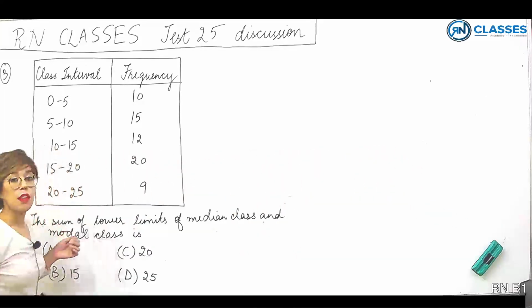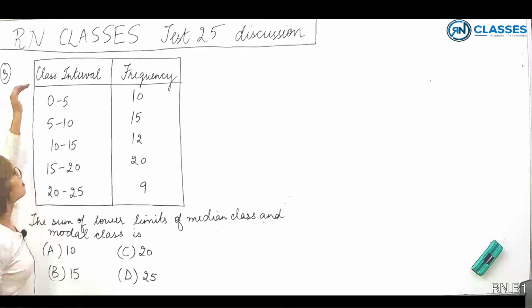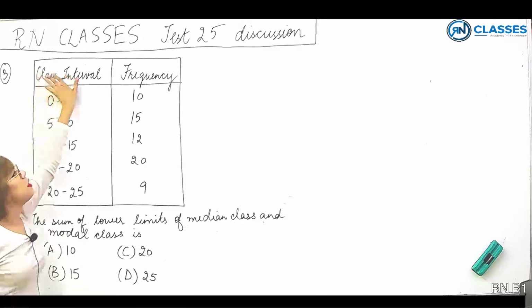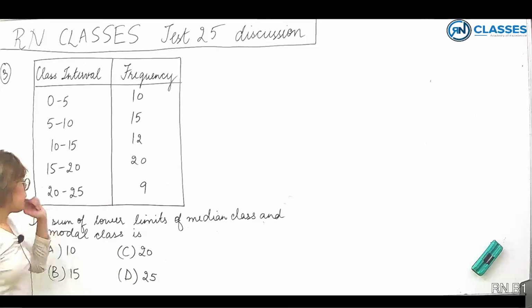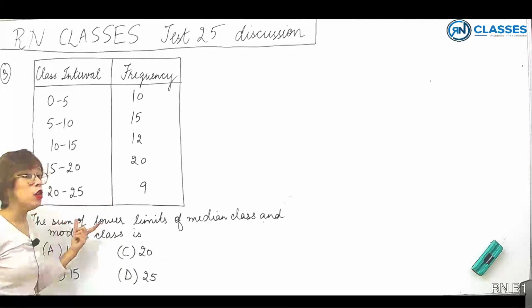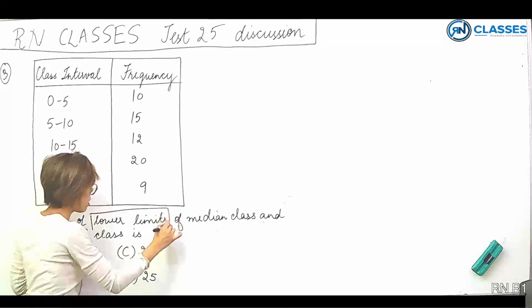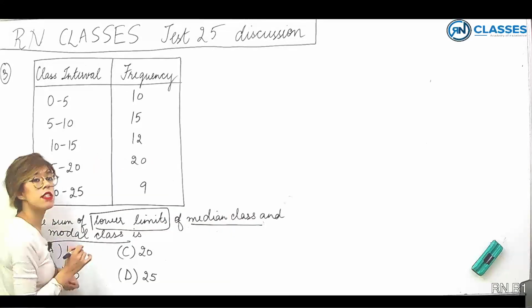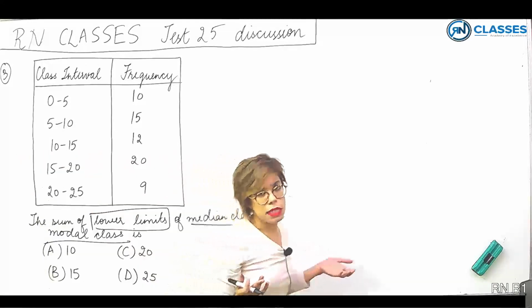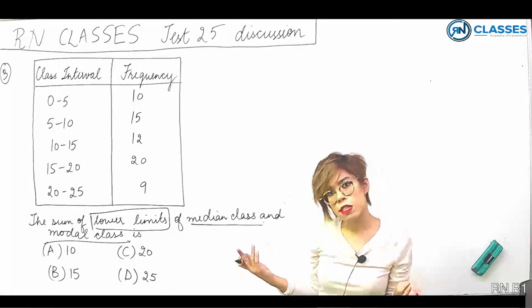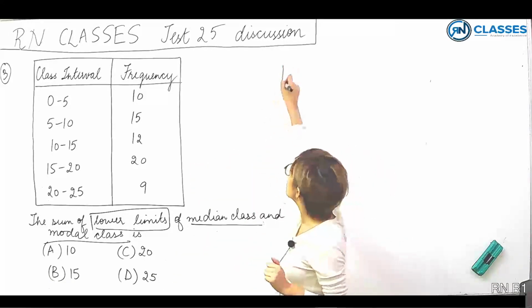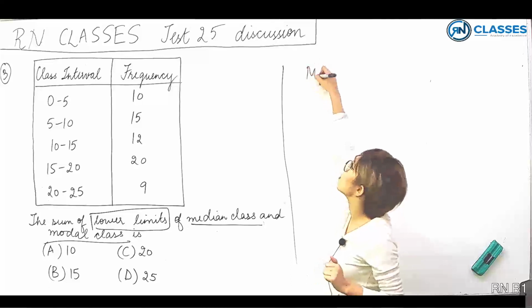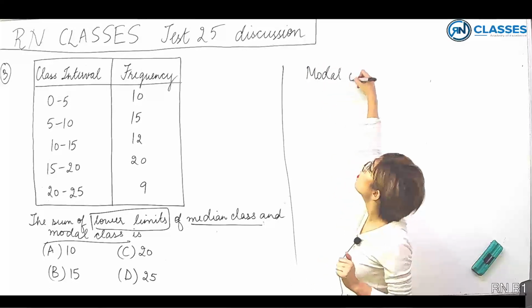Alright, so now you have to consider this table, class interval and the frequencies are given. You need to find the sum of lower limits of median class as well as the modal class. So if I can identify the median class and modal class, I can tell its lower limits, right? So let's talk about the modal class first. Now how do we define mode?